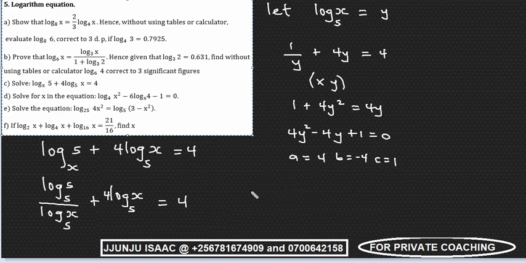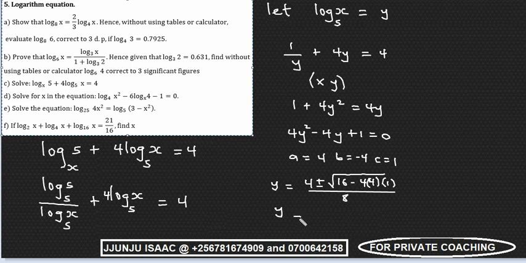So here I'll be having y as negative b from the quadratic formula, negative b, that is 4, plus or minus the square root of b squared, which is 16, minus 4ac, which is 1. Then that is divided by 2 times a, which is 8.